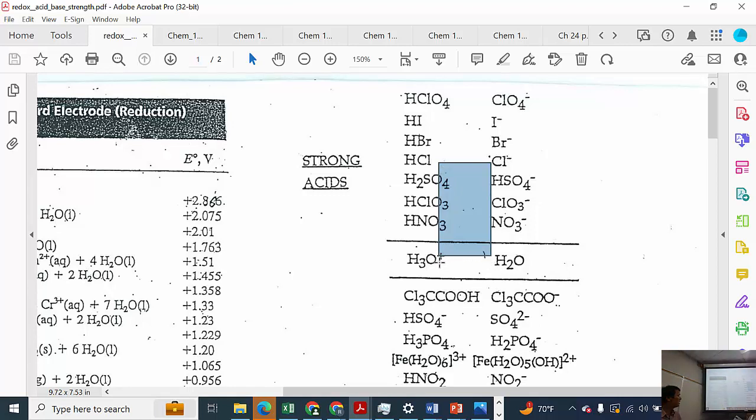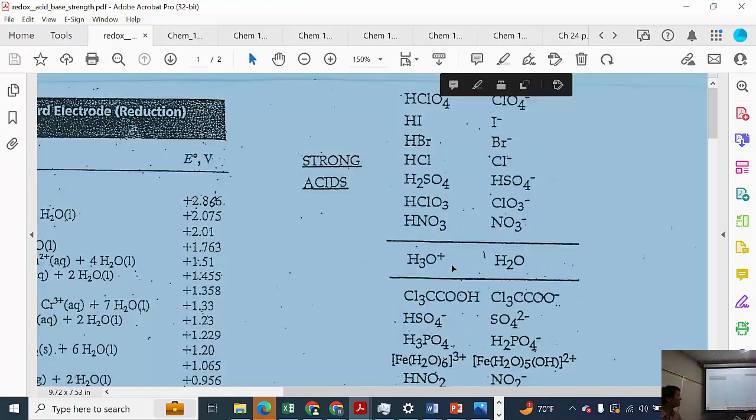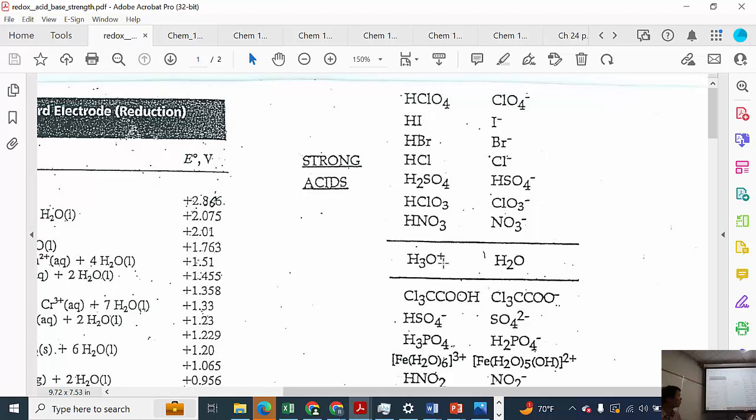However, let's take hydronium or H+ and react it with trichloroacetic acid here. If I take my H+ here and react it with trichloroacetic acid here, is that favorable?